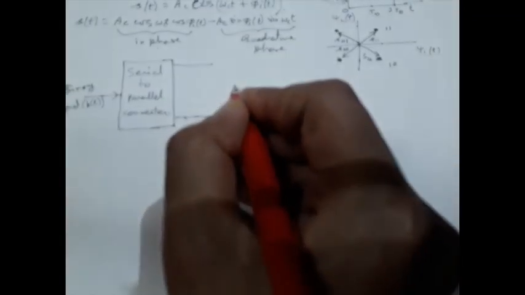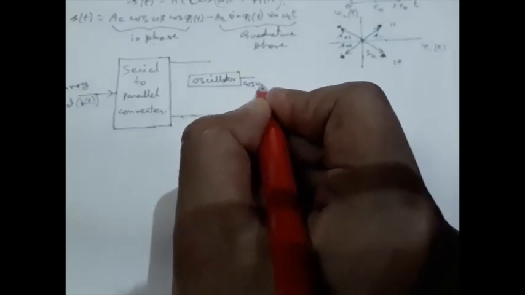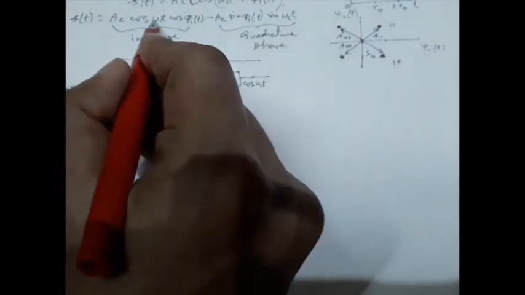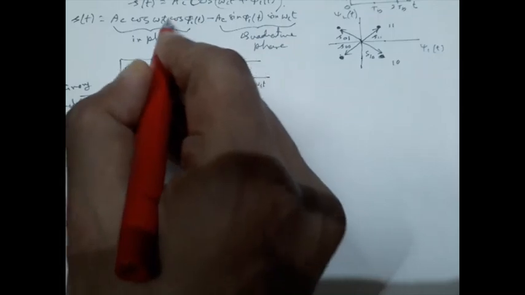So we need an oscillator because we have to generate this cos(ω_c t). The oscillator will generate the carrier signal. That carrier signal must be multiplied with the actual bit.